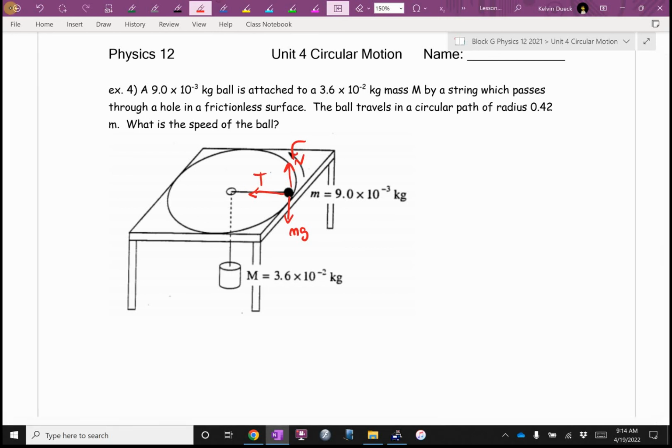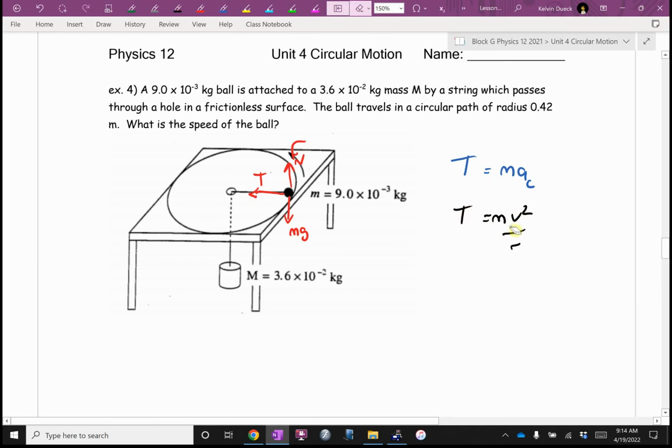In fact, I think this is the equation here. Tension is what's pulling little m in a circle. Which version of A am I going to use? Oh, they asked for the speed? Okay. So it's going to be little m v squared over r equals tension.